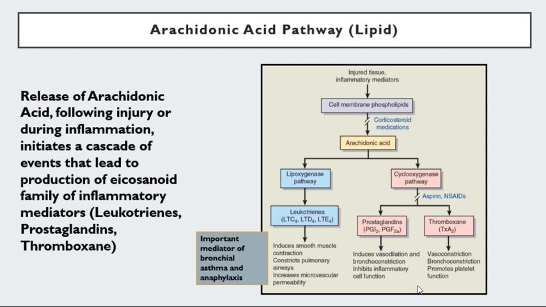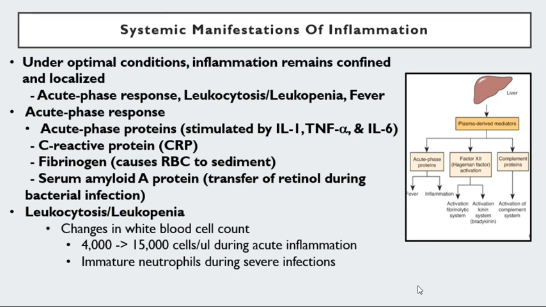The arachidonic pathway is another example where it does a lot of the same stuff, promoting inflammation. Y'all don't need to know the arachidonic pathway, so if you want to get rid of that from your lectures, that won't be a test question.